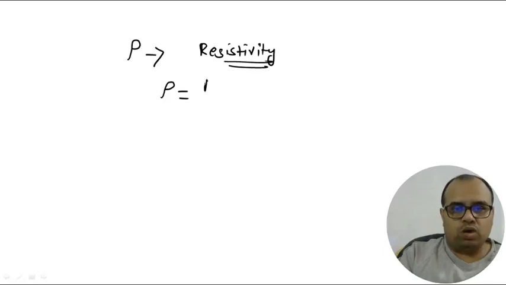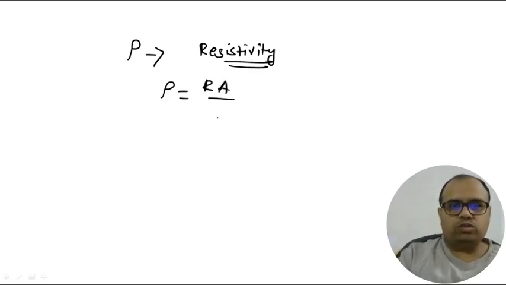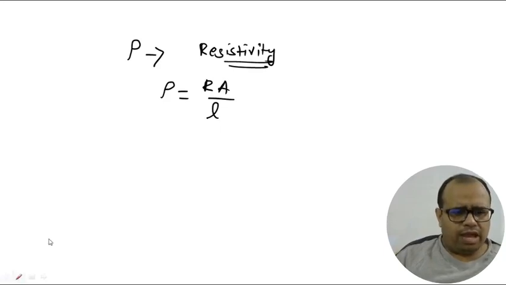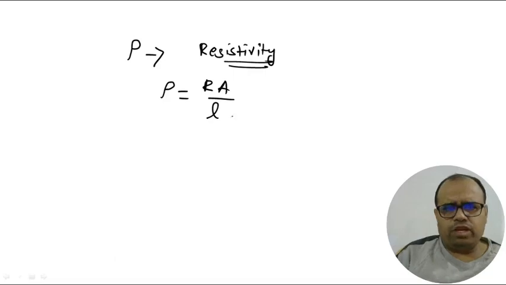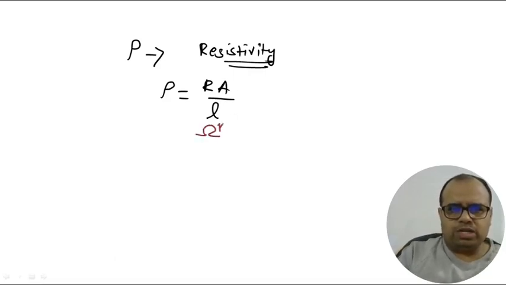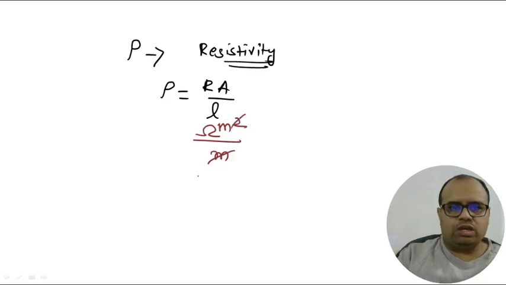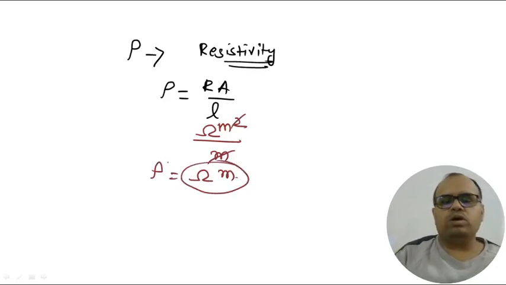Rho is equal to RA upon L. R is in ohm, area is in meter square, and length is in meter. If we cancel, we get ohm meter. So the unit of resistivity is ohm meter.